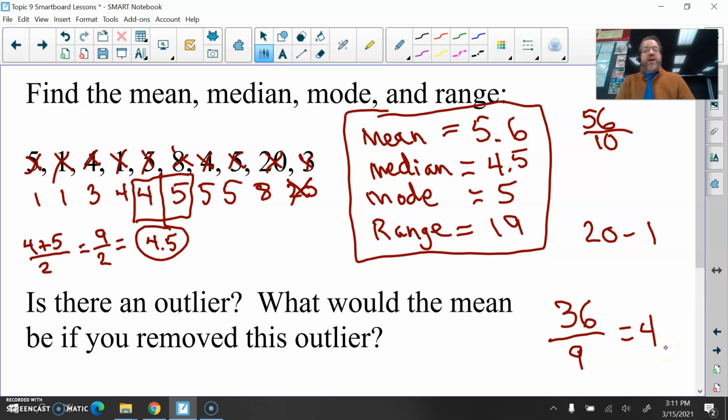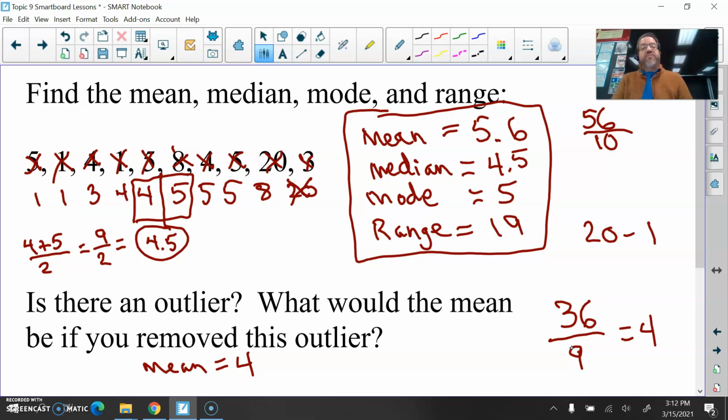So the mean would be 4 if you remove that outlier. So having a mean of 5.6 is really overstating where most of these numbers are in this data set because that 20 really pulled the average up in this example. Okay, so by removing it, notice I divided by 9 instead of dividing by 10 now because I removed one of the numbers. But you can see how it affected the mean.